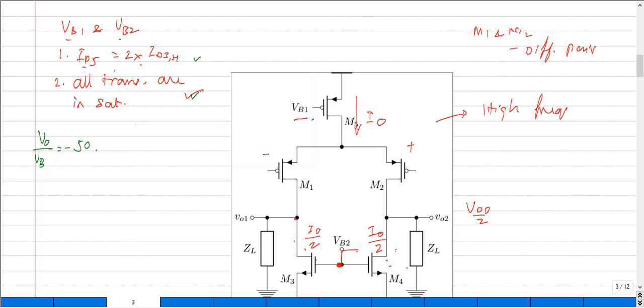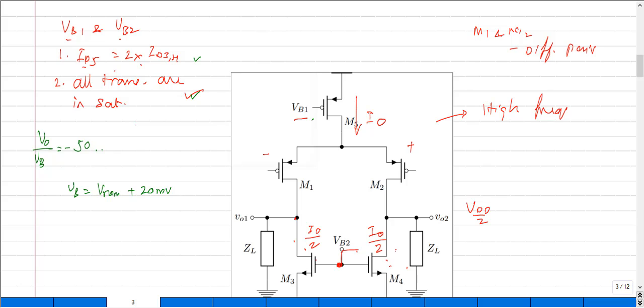But now, for some reason, let us assume that the value of VB2 has increased from the nominal value, let us say by around 20 millivolt. So what would happen to the output in that case?